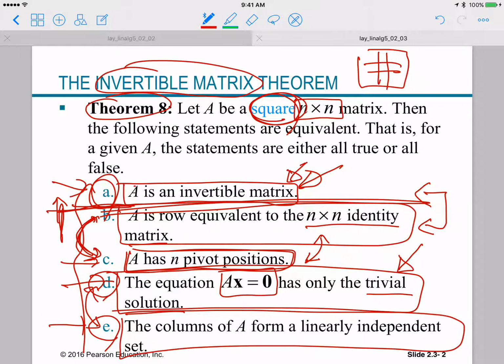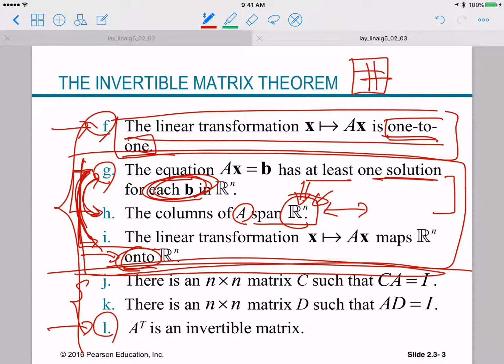A is an invertible matrix. And let's try to prove A transpose is also an invertible matrix.